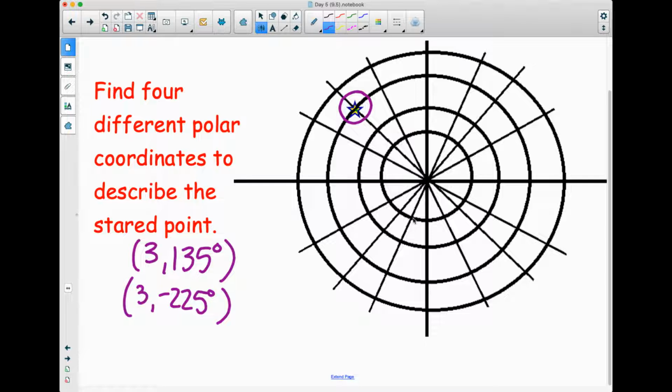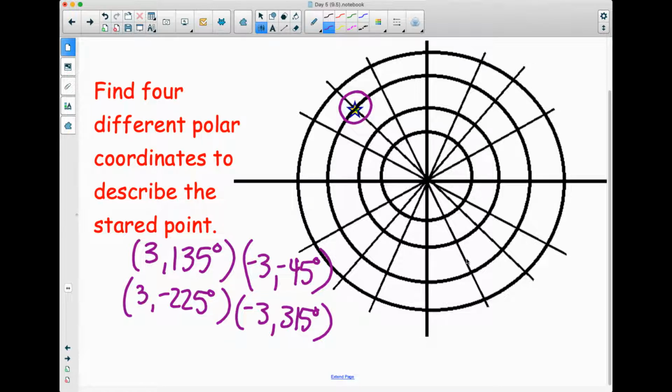Think negative radius. Yeah, 3, -45. Three, negative 45, is that what you said? And one more? -3, 315. Uh-huh. So all 4 of those get us to that star. It's just they have different journeys to get there, okay?